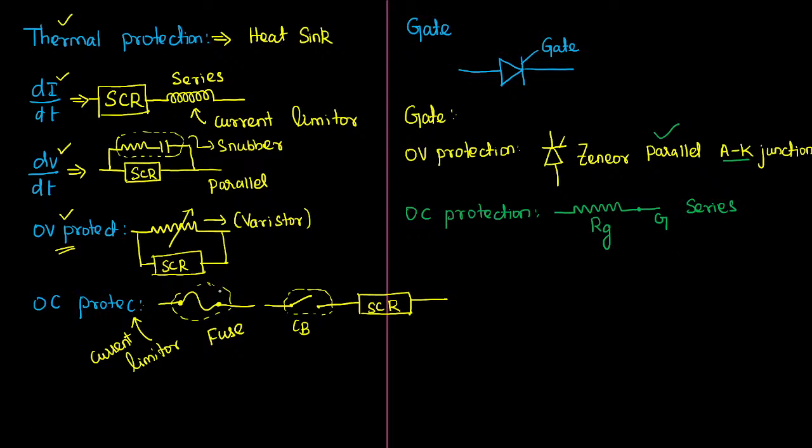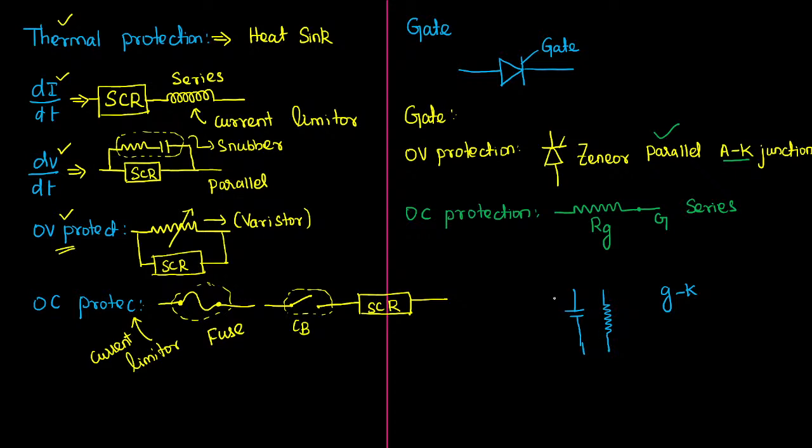Beyond this, if you observe the circuit, they will have put in a seemingly unrelated capacitor and resistor. Between the gate and the cathode, they will have connected a resistor and a capacitor in parallel, like this.